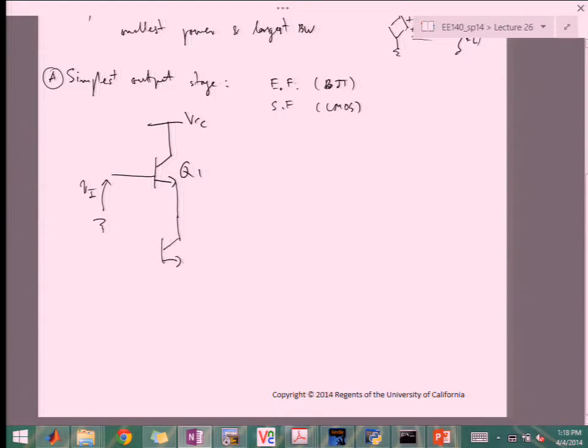We can implement the current source as, let's say, Q2. We add a very small resistor, R2, just to stabilize the bias. Diodes are really always built as some form of a diode-connected bipolar, but it's simpler to draw them like this.